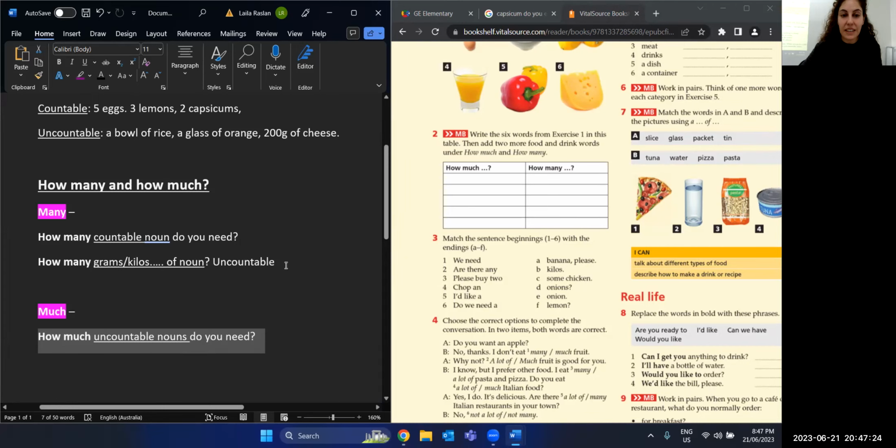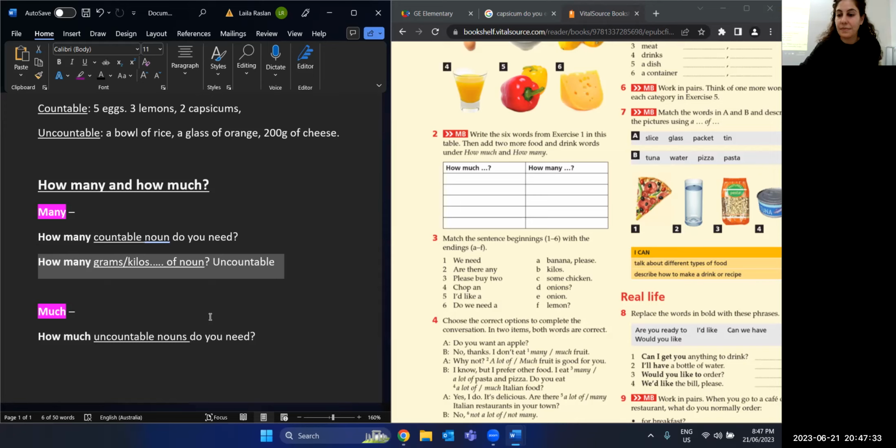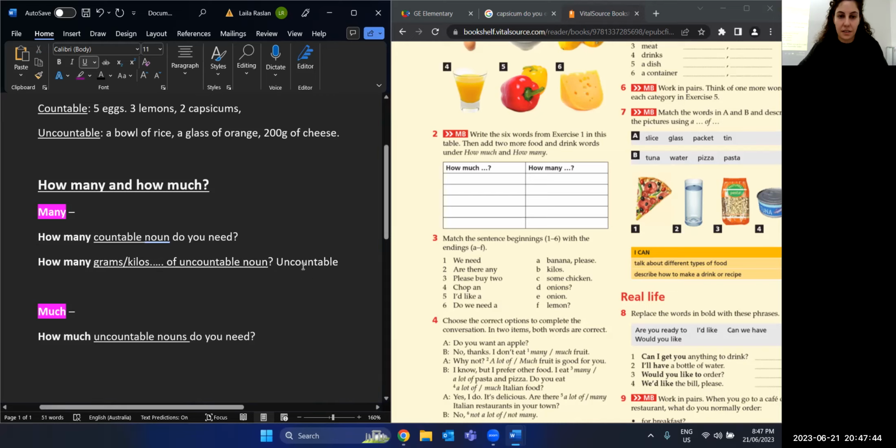But you can also use it here in the how many. How would I put that in a sentence with flour? How many kilos of flour do you need? Yeah.